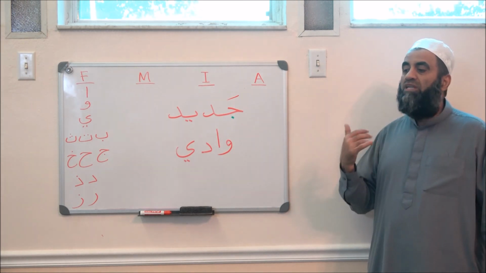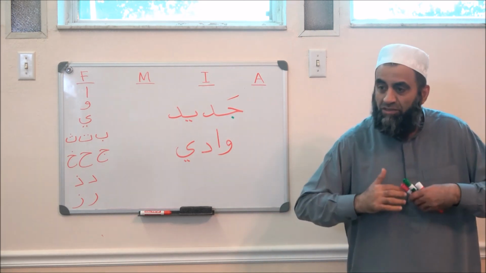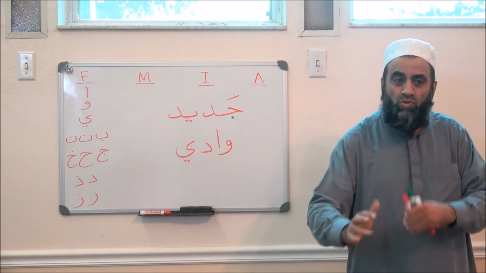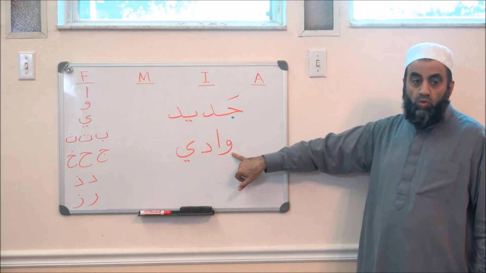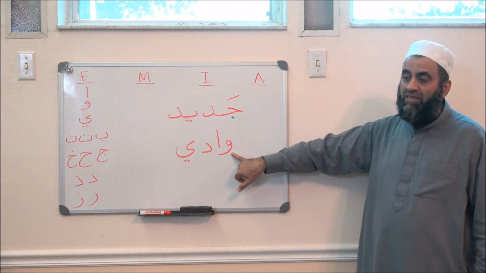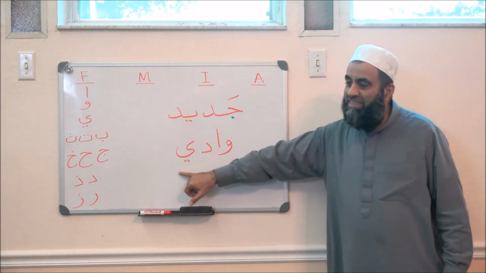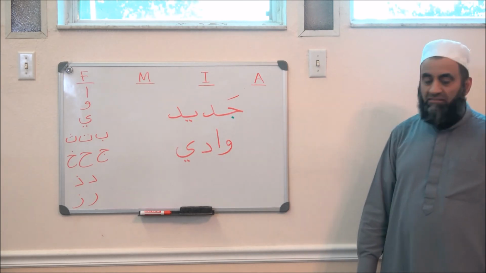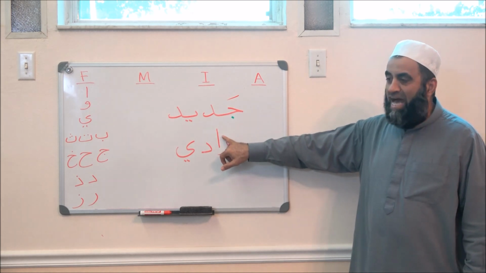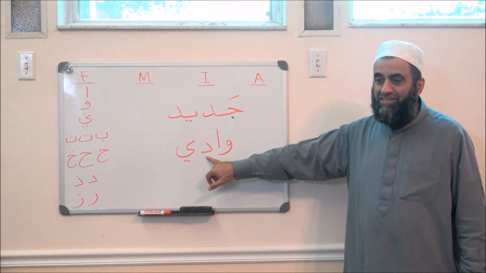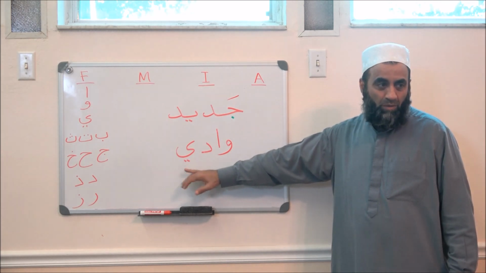It needs at least one letter before it, and that letter must have its short vowel to push it to sound either a or u or i. So if you see a long vowel first, this cannot sound oo. It's going to sound like a w. So this becomes wadi, valley. Notice that the wow is non-connecting, the alif is non-connecting, the dal is non-connecting, and that's why this has had to go in its standalone form. Wadi.